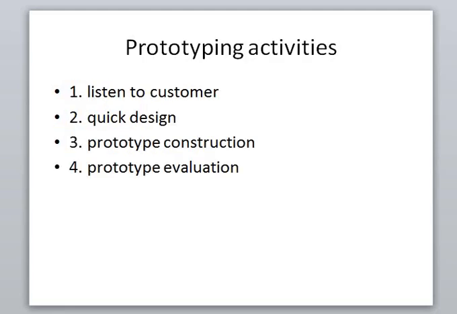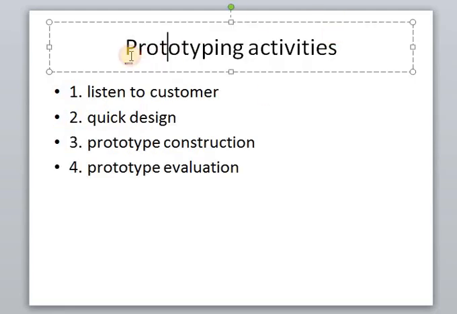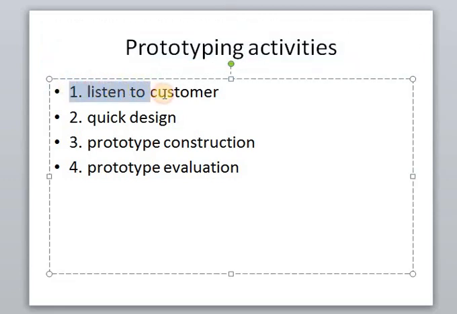So now we will see the prototyping activities. In order to develop a prototype, the list of activities that we will perform in a repetitive cycle or an iteration will be: number one, listen to customer.